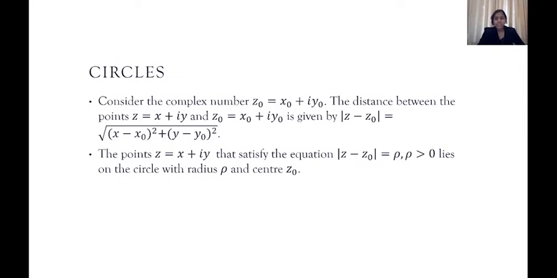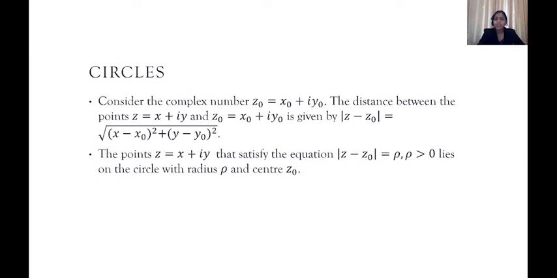Now the next point is the concept of circles in the complex plane. The points z equal to x plus iy which satisfy the equation modulus of z minus z dot equal to rho, where rho is any positive number, form the general form of a circle whose radius is rho and center is z dot.